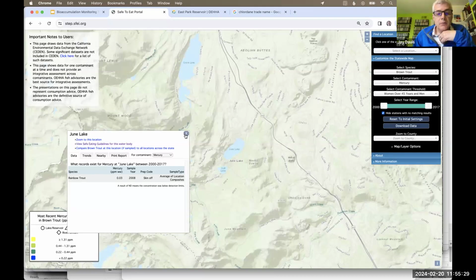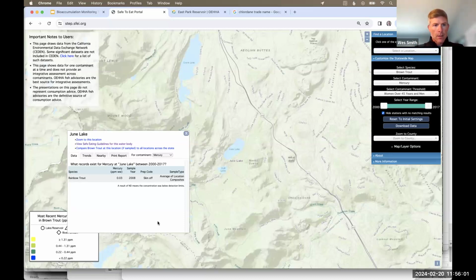So Wes, if we wanted to do more sampling here to get an advisory, what would we do? I'm trying to see how many individuals there are. We would want 9 individuals from each species: rainbow trout, brown trout, and then some other species we could find there.